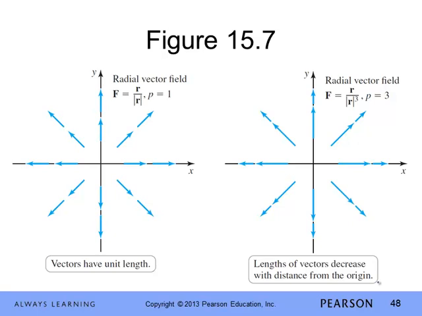They all have this sort of form: r, but what is r? r is basically your radial vector, either pointing away or inward toward the origin, divided by the magnitude raised to some power.